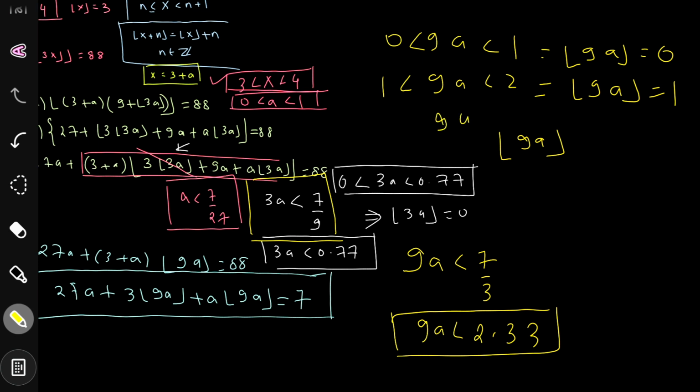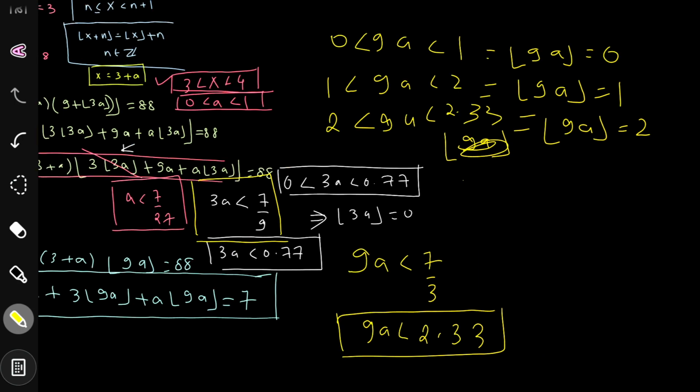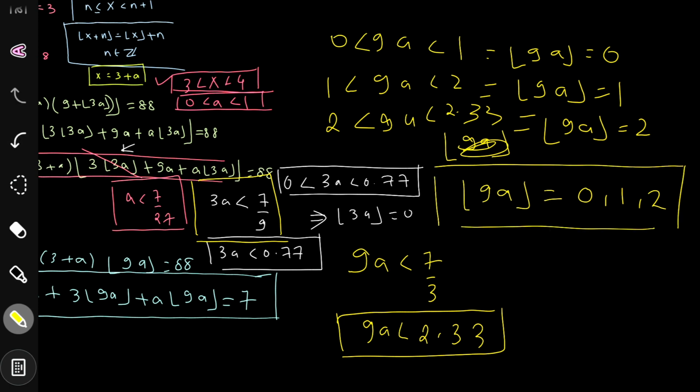If 9 times a is greater than 2 and smaller than 2.33 that we have got over here, the floor value of 9 times a would be equal to 2. So finally the floor value of 9 times a would be equal to 0, 1 and 2. Because it is smaller than 2.33, it can lie only in these possible 3 ranges, and in these 3 ranges, these are the floor values of 9 times a.